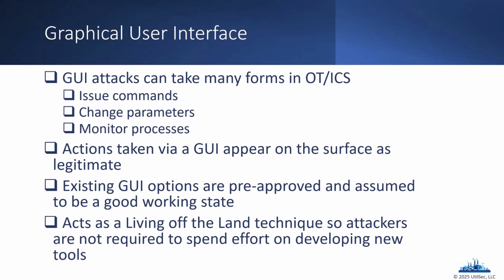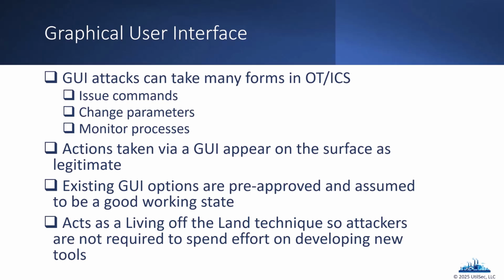Because operators at the end of the day, we're all humans and we could make a mistake and that could have catastrophic consequences in the environment. So we have to make sure that the HMI essentially is foolproof and that, yes, while it gives the ability to the operator to monitor, to see what's going on in the environment and to make changes, we're not going to allow them to make changes that are going to have some type of negative impact into the environment.